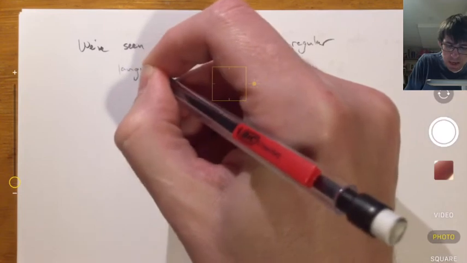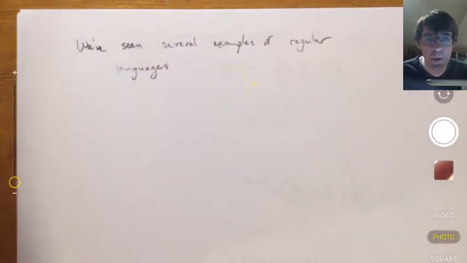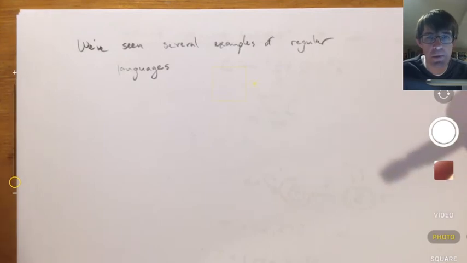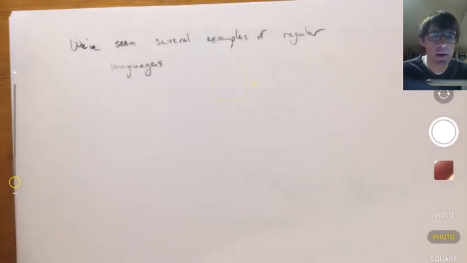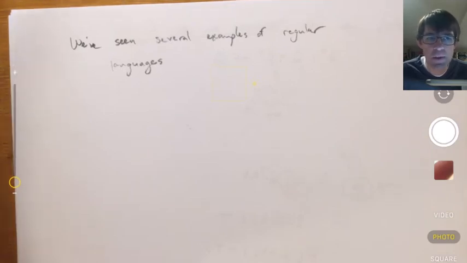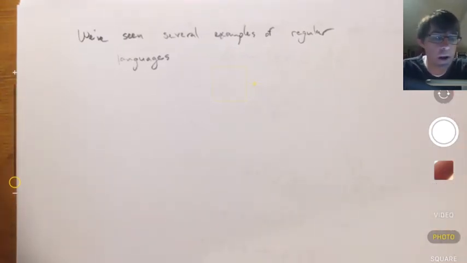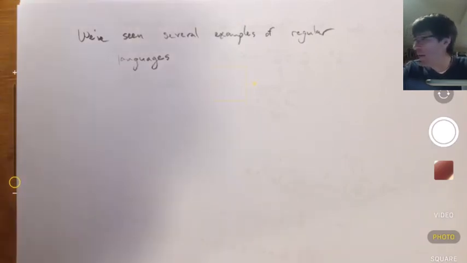Any example that we've seen using a DFA will be an example of a regular language. So things like strings on A's and B's where the number of A's is even, or where the number of A's is divisible by 3, or strings on zeros and ones which represent binary numbers that are divisible by 3. That was a kind of complicated idea, although the DFA ended up being not so complicated once we figured it out. We've seen several examples of regular languages.